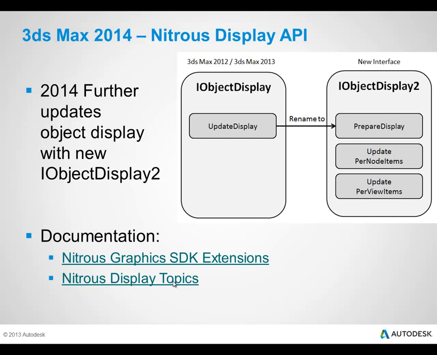The biggest change is in the object display code. If you have already ported to UpdateDisplay in 2013 or even 2012, then to get the best support, you want to upgrade to IObjectDisplay2 because you have much more functionality and control over the viewport. This is very well documented in these sections of the SDK help.